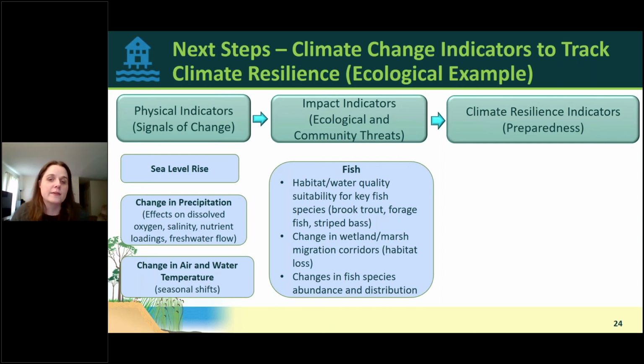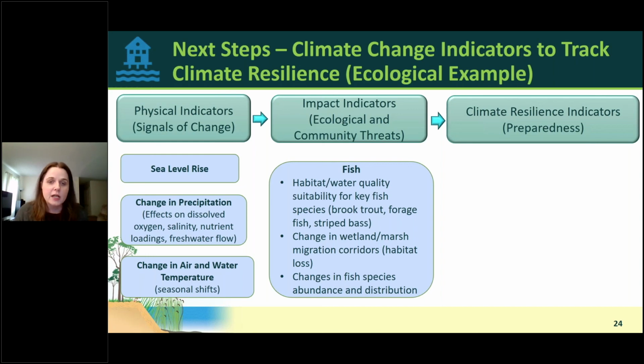We've been talking with the fisheries team, and we are going to try to take this information and connect it to fish habitat, looking at water quality suitability for key fish species such as brook trout, forage fish, and striped bass.